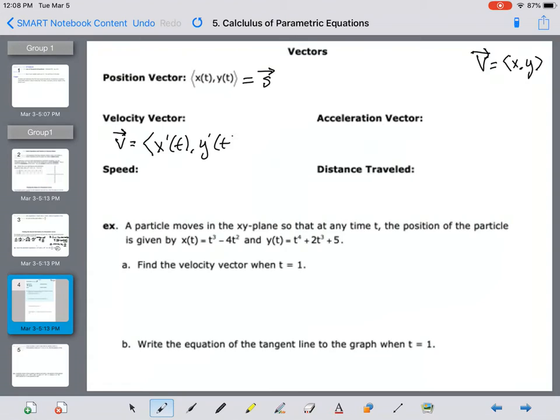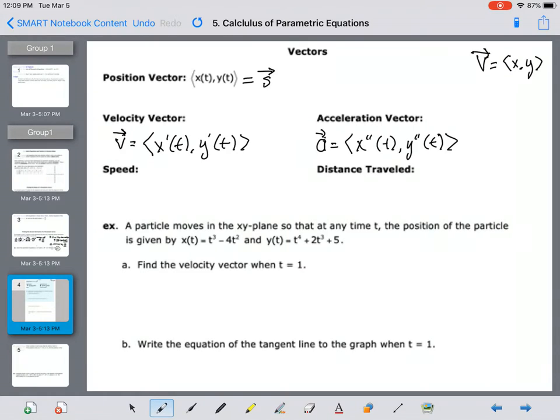We have that independent variable t now, and when we're talking about motion, t represents time. If we take the second derivative, we get the acceleration vector. So our acceleration is the second derivative of position, or the first derivative of velocity. Same thing here.